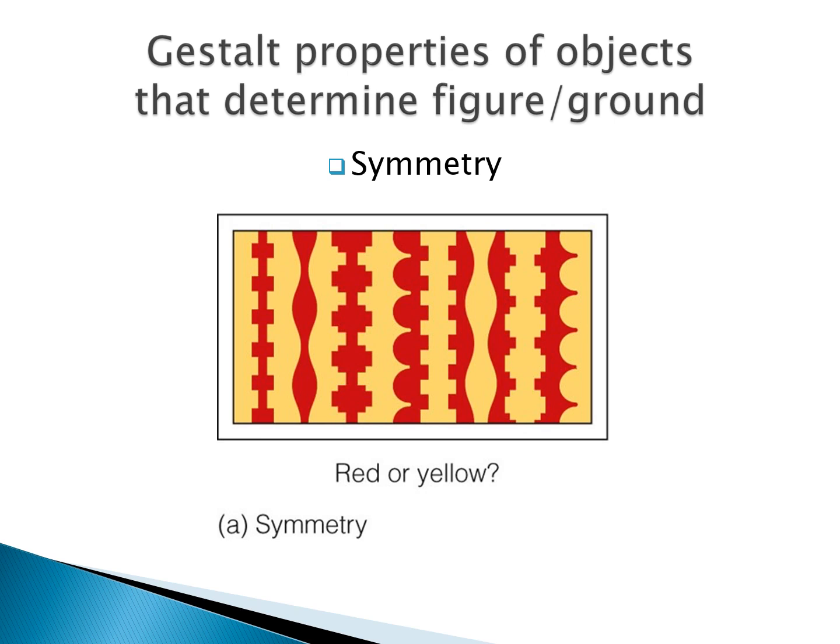It changes halfway through, right? On the left side, it's red because those are the symmetrical pieces. And then on the right half, it turns into yellow because those are the ones that become symmetrical. So we can see this effect of symmetry in helping us determine figure versus ground.